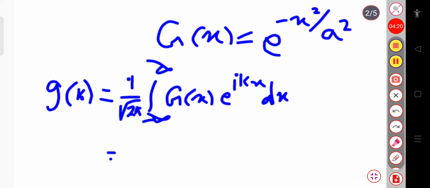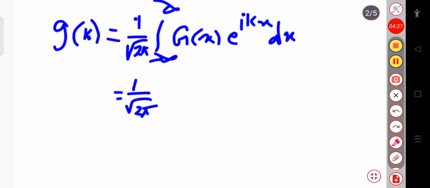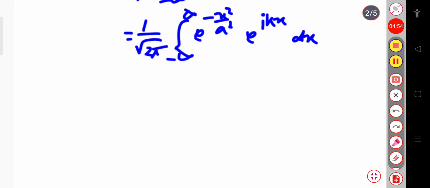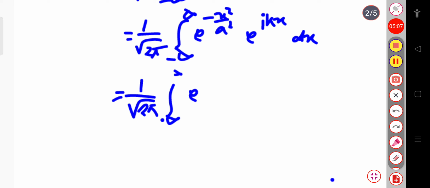So g of k is equal to 1 by root over 2 pi times the integration over minus infinity to plus infinity of g of x, which is exponential minus x square divided by a square, into exponential i k x, into dx. Okay. Now this can be written as 1 by root over 2 pi times the integration over minus infinity to plus infinity of exponential minus x square by a square and exponential i k x.